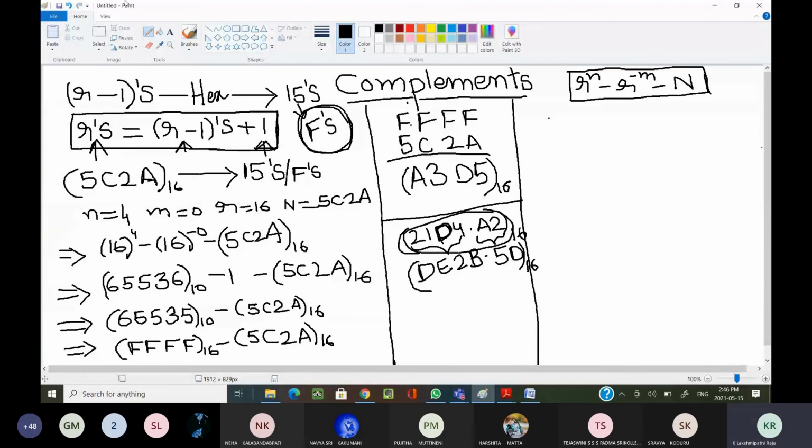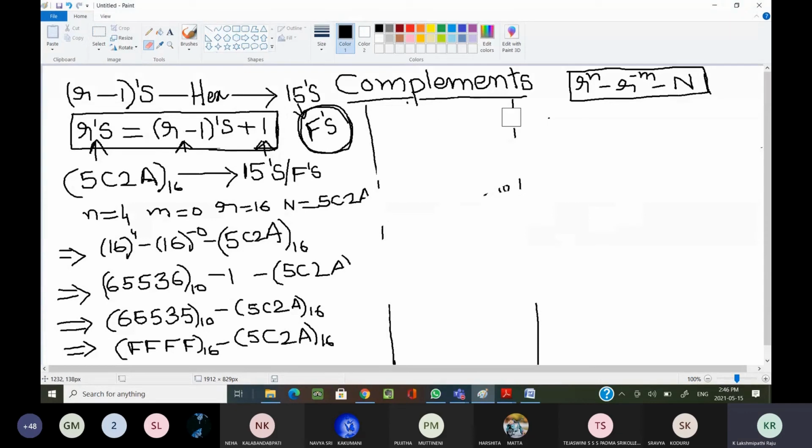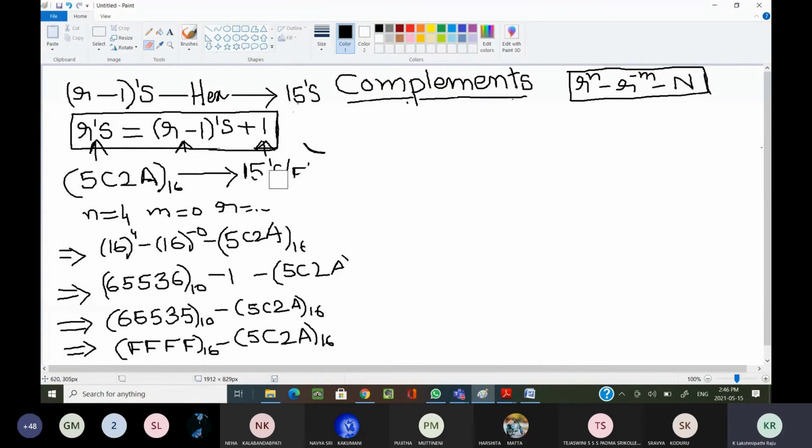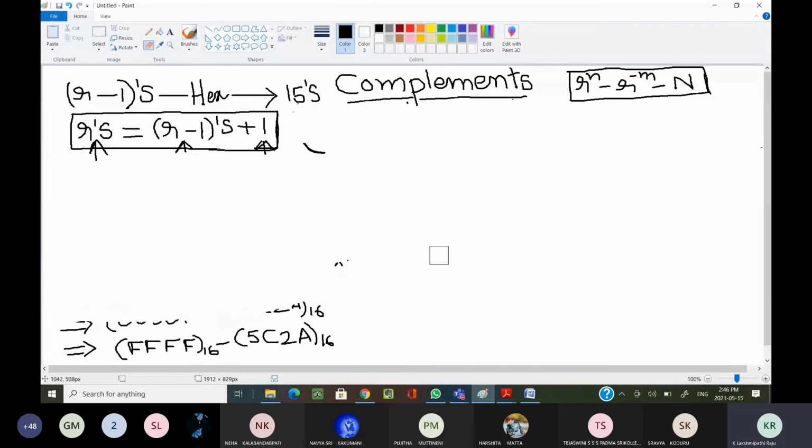I hope I have completed all the basic four number systems, and we will wind up these complements here. The next concept we are going to see is subtraction of unsigned numbers. That is a very important concept, which will be based on this complements concept.